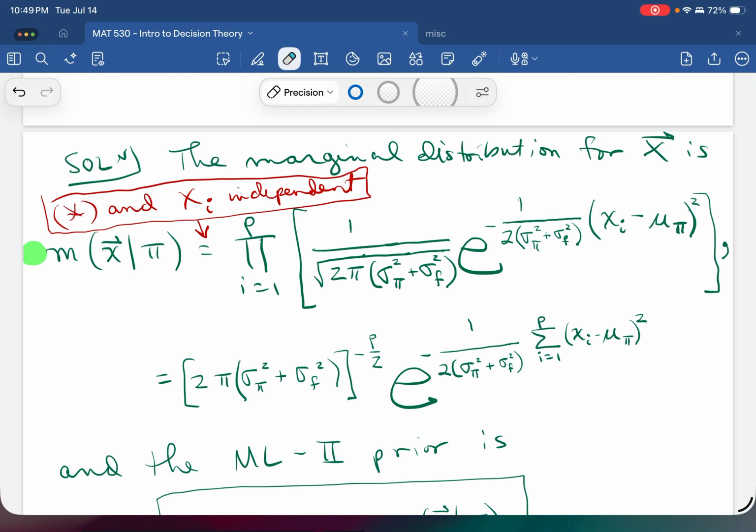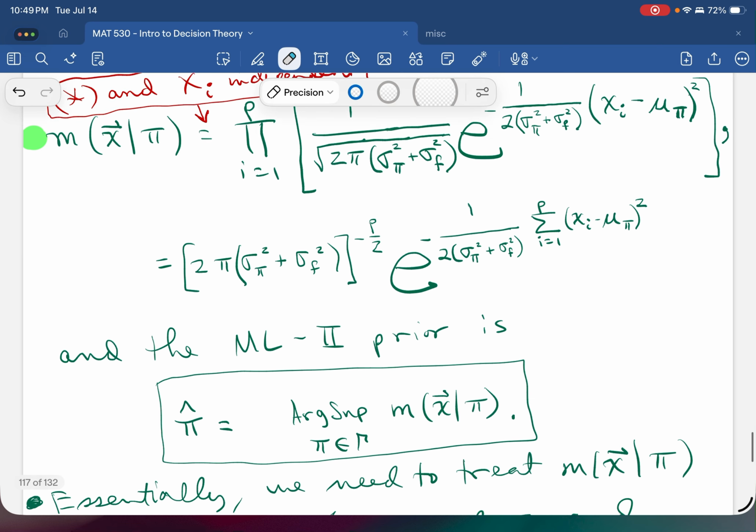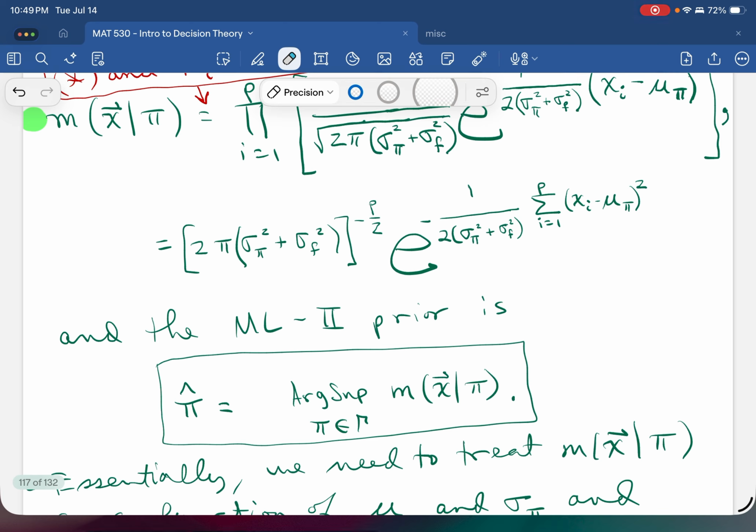And so if we do a little bit of algebra, we get this. And the ML2 prior, according to the formula, is the prior, our pi hat, if you will, which will maximize the marginal distribution at our data.